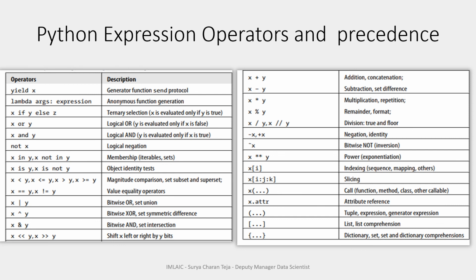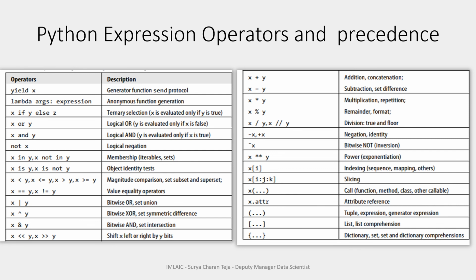And when I say X vertical line Y, these are bitwise OR and set union. These are very useful when you deal with projects in Internet of Things. And I have told you X shift left or right by bits. That is one more important thing. And we have addition and concatenation.